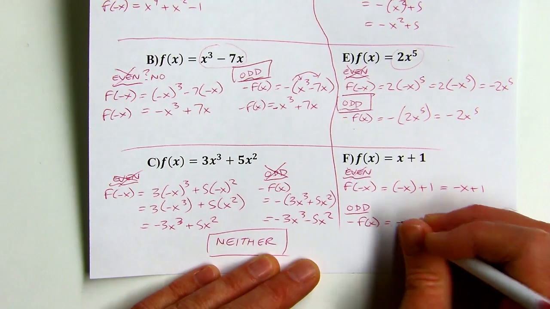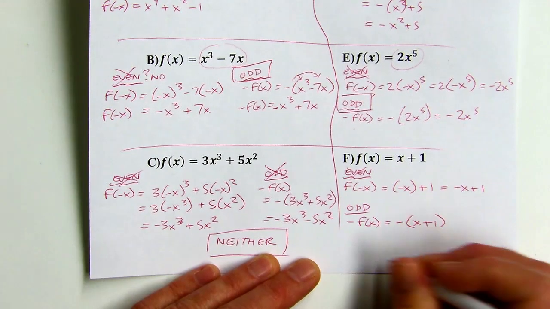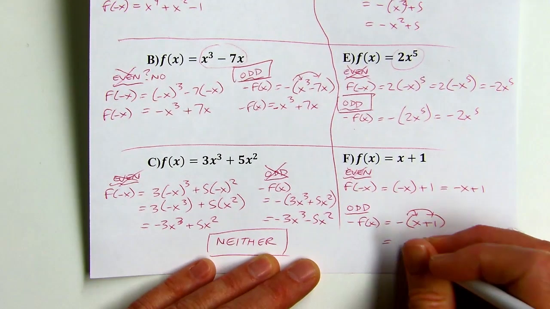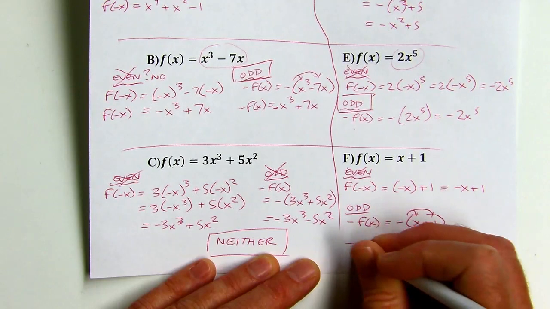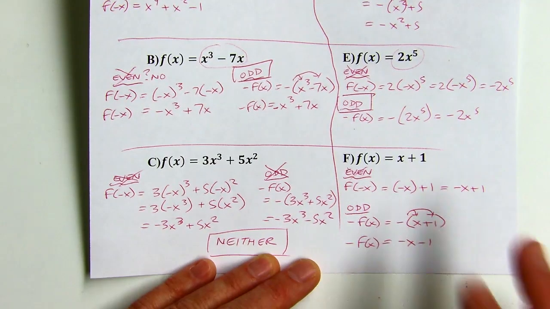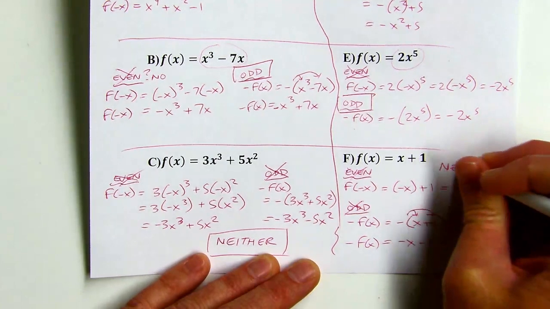So let's see. I'm taking the opposite of the whole thing. And when I distribute, those are not equivalent. They're a little different. So it's not odd either, so this is also going to be neither.